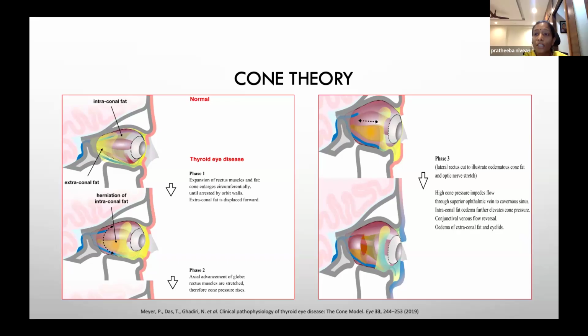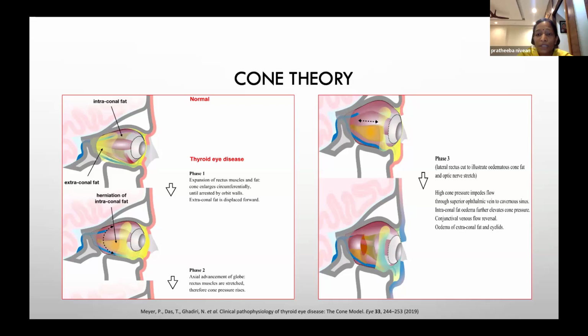This causes bulkiness of the muscles, and increase in fat also causes the globe to expand horizontally. So initially the globe expands horizontally, and then the orbit cannot give way. So what happens? The fat tends to come and protrude forward. There's an anterior posterior protrusion. That is why we see the fullness in the upper lid and the lower lid because of fatty proliferation. And then once that also cannot happen, then the compression happens.